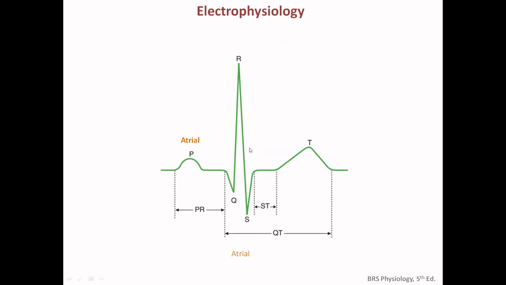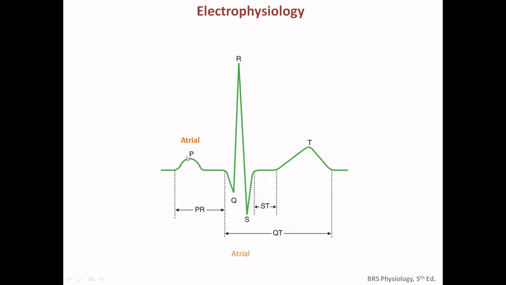So this is a signature of the electrophysiology of the heart. Here you see the P wave, then you see there is a Q wave, R, S, and there is a T wave. The P wave refers to the atrial contraction, and this is possible because the atrial muscles depolarize, and because of that there is a contraction of the atrium.